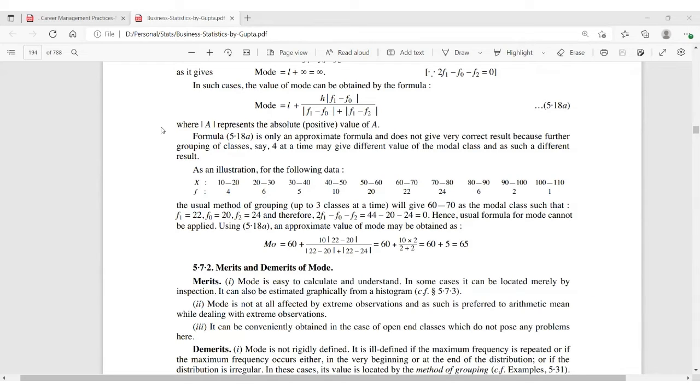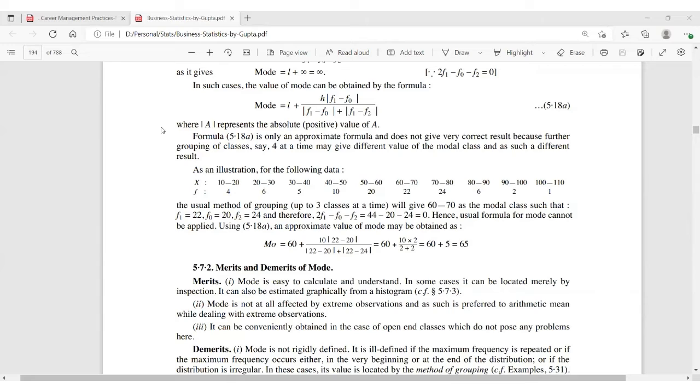See in this example, what is the maximum number? The maximum frequency is 24.